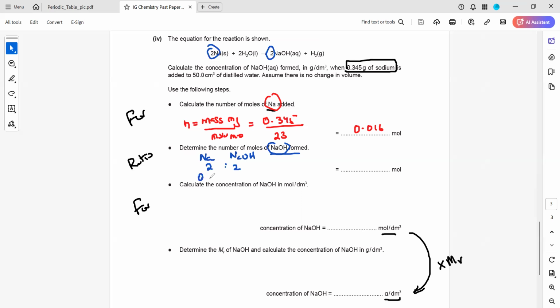So 0.015 is the moles of sodium, and this will be x. Cross multiply, because the ratio is 1:1.